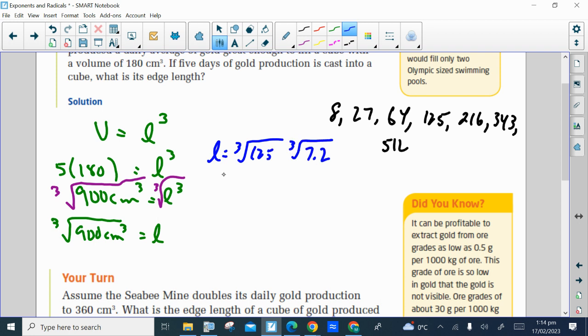And the cube root of 125 is 5. So there's our answer. The length of each edge as a mixed radical in simplest form would be 5 times the cube root of 7.2 centimeters.